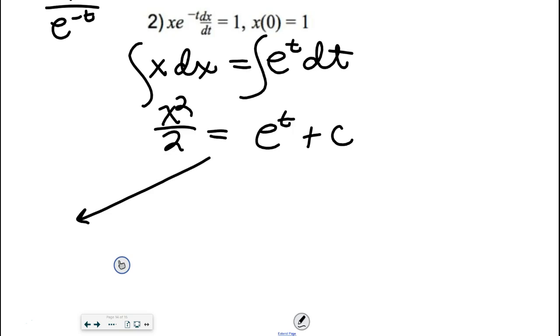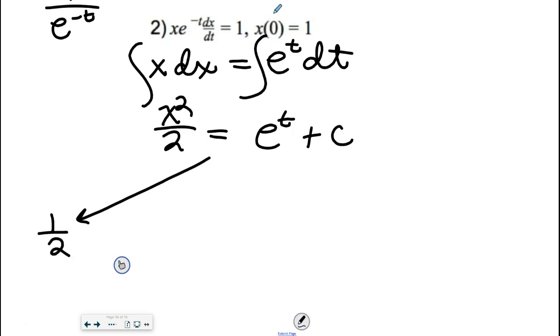T. Yeah, this is x of t, like f of x. So 0 is going in for t, and a 1 is going in for x. So she'd have 1 squared over 2 equals e to the 0 plus c. You just have to be really careful with your arithmetic, right? So Ellie, she's going to have 1/2 equals 1 plus c, because anything to the 0 is 1.